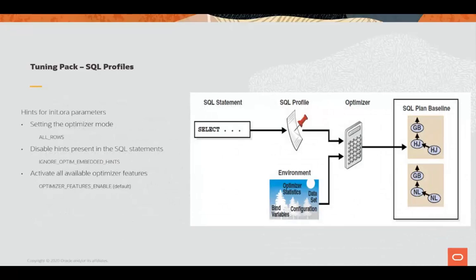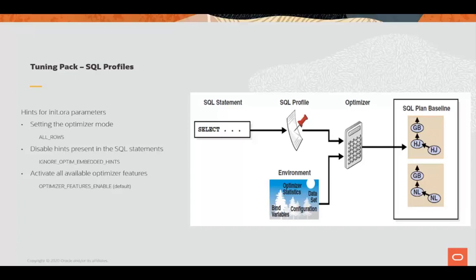So the way it works is you have the SQL statement, you create the SQL profile. That is coming out of the optimizer. The SQL profile is injected inside the optimizer. You have environment data like optimizer statistics, bind variables, configuration, data sets. So both the SQL profile and all the environment settings are injected inside the optimizer.